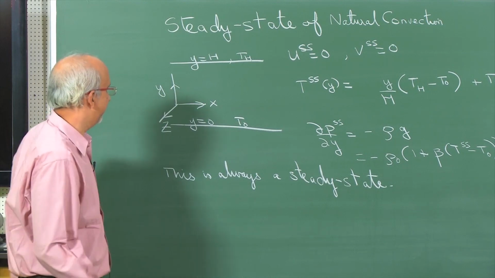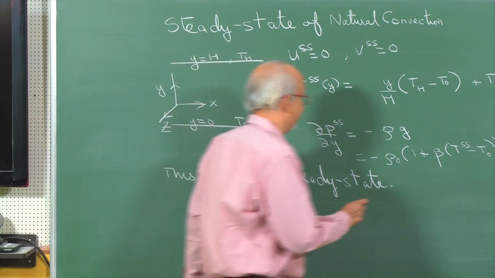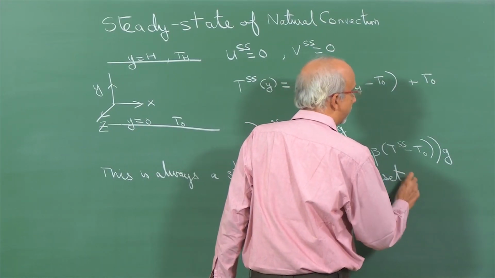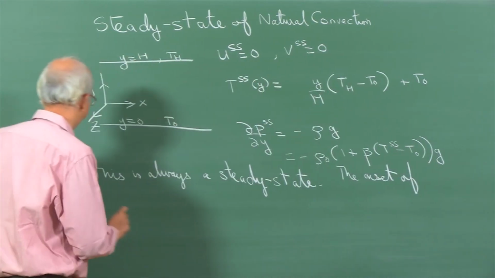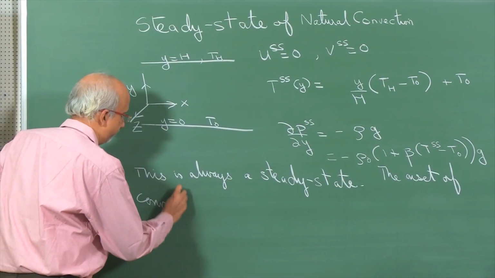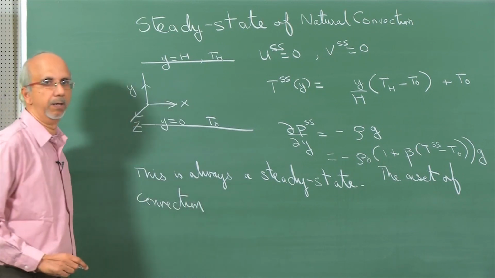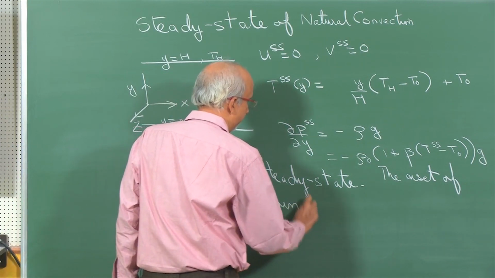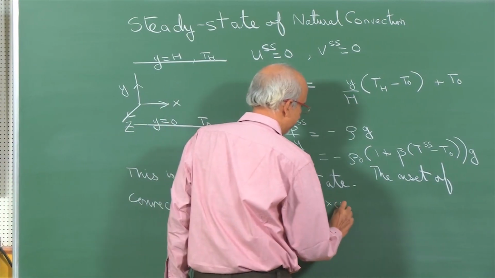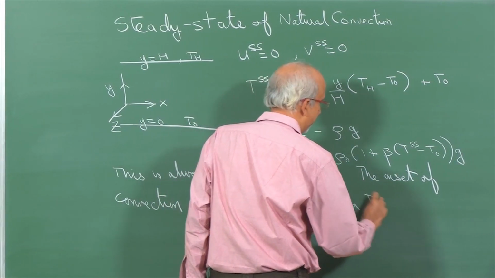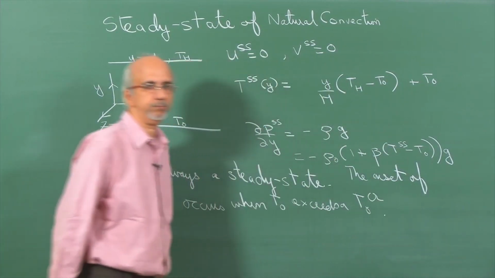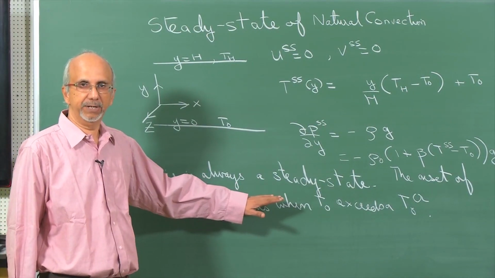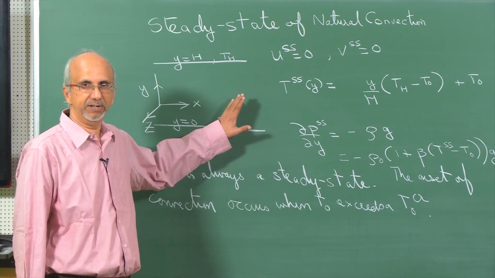What we are saying is that the onset of convection occurs when T0 exceeds a critical temperature, T0 critical, and when it is more than the critical temperature you will see convection.